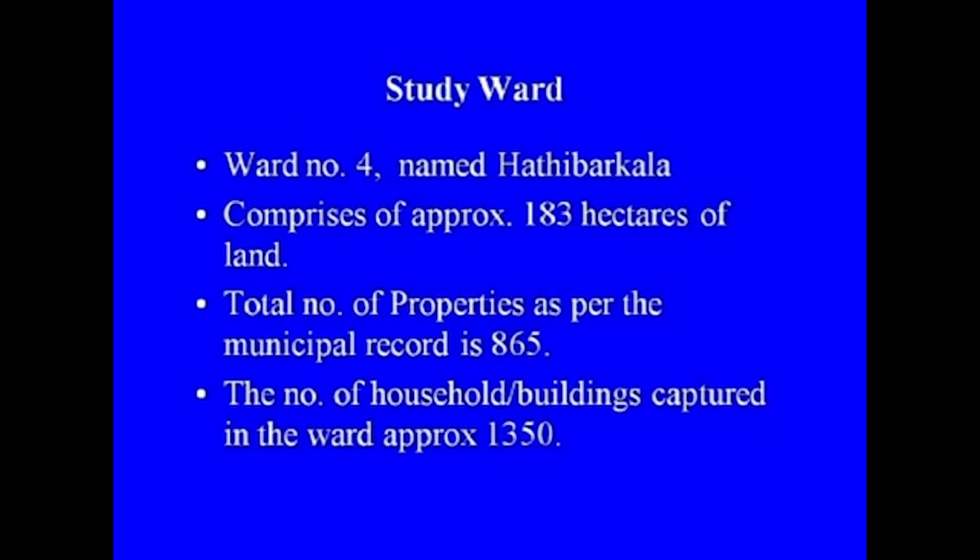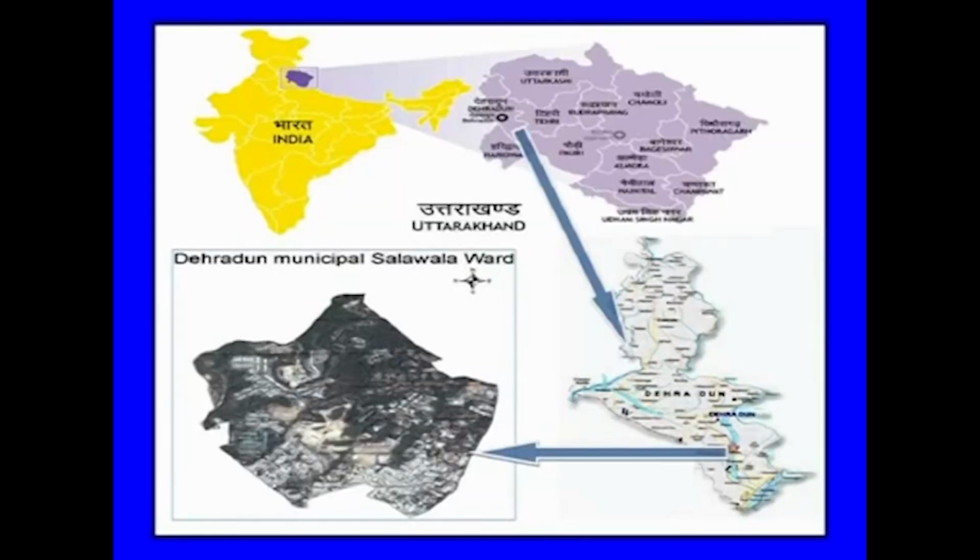It comprises approximately 183 hectares of land, and it is estimated that the total number of properties as per municipal records is about 865, and that the total number of households or buildings captured in the ward is approximately 1350.